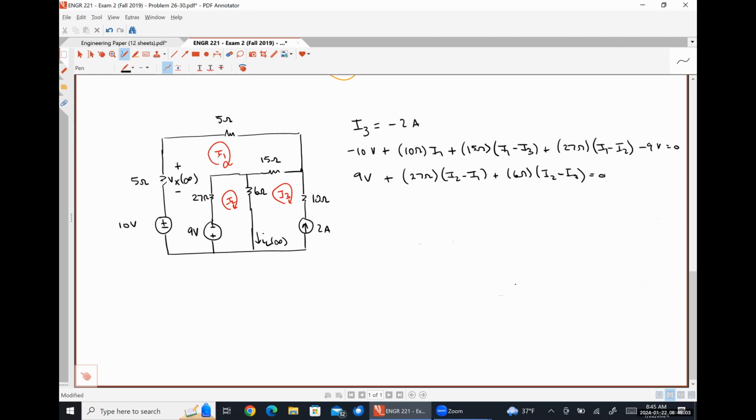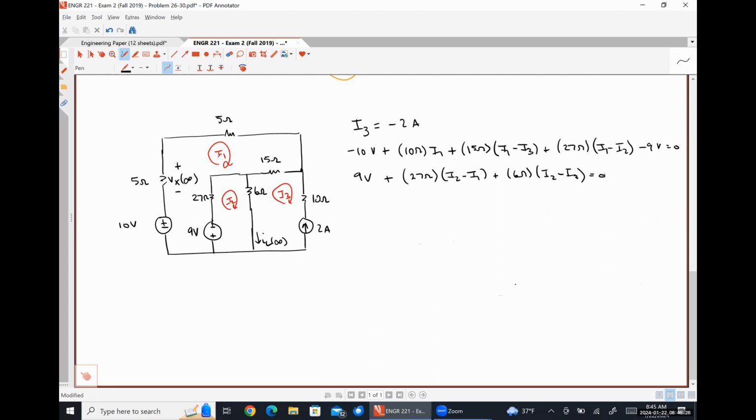So in my first equation, my coefficient for I1 is 0, my coefficient for I2 is 0, my coefficient for I3 is 1, constant term is negative 2. In my second equation, my coefficient for I1 is once again 52. My coefficient for I2 is negative 27. Coefficient for I3, negative 15.